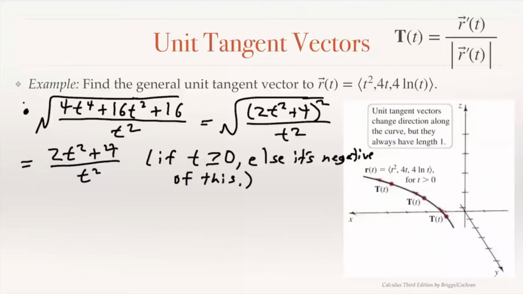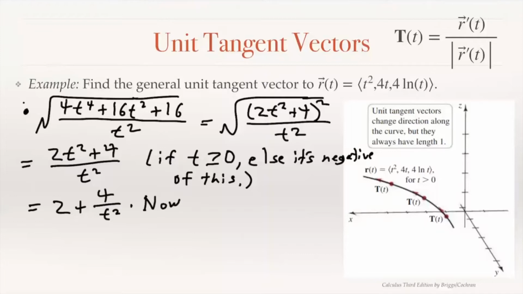And the absolute value of a negative number is the negative of that negative number to make it positive. Okay, but for simplicity, let's do that. And often in practice, that will be the case. Okay, and that's the same as 2 plus 4 over t squared. Okay, that's a very nice expression for the general magnitude at any t.